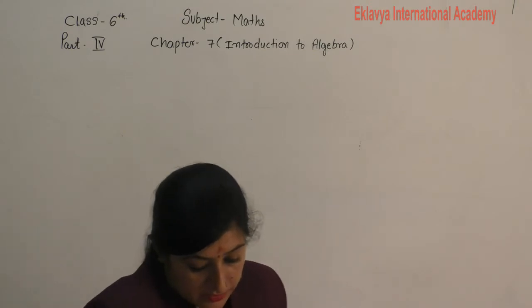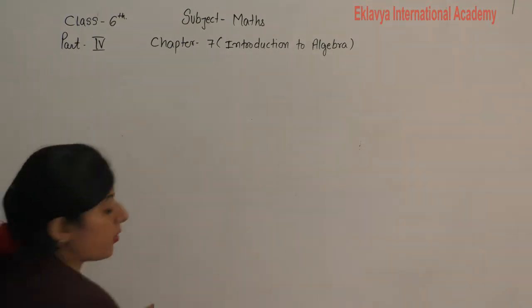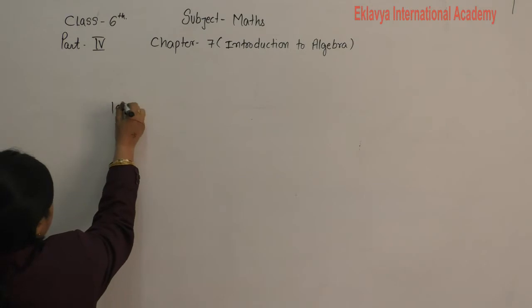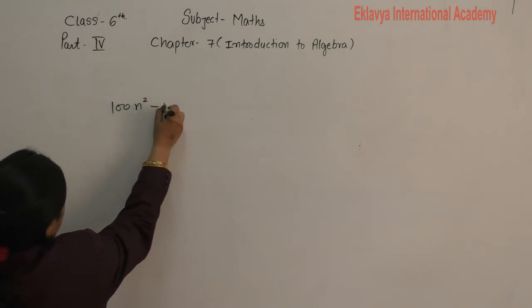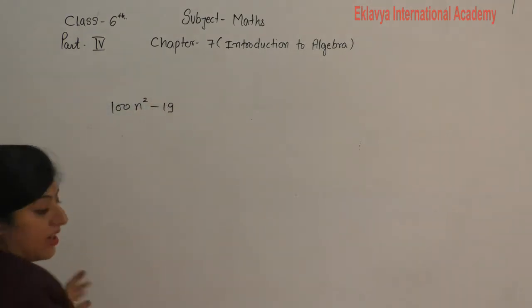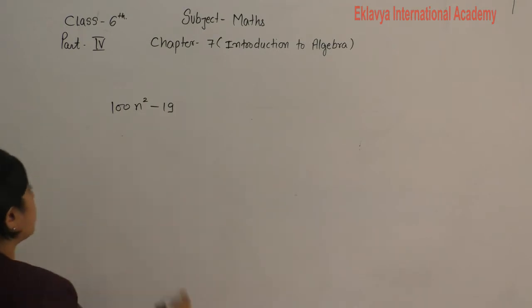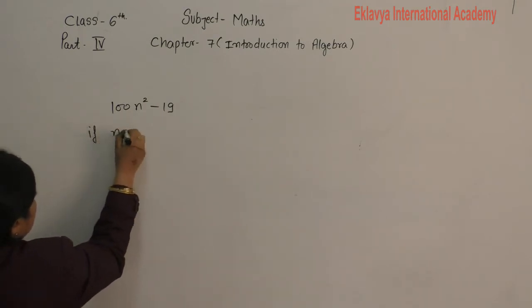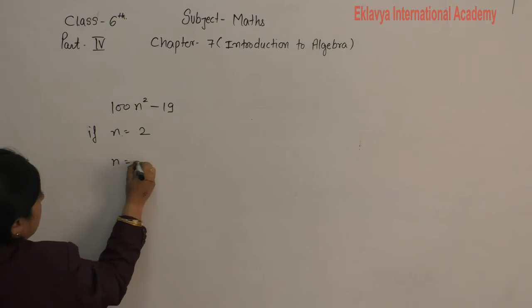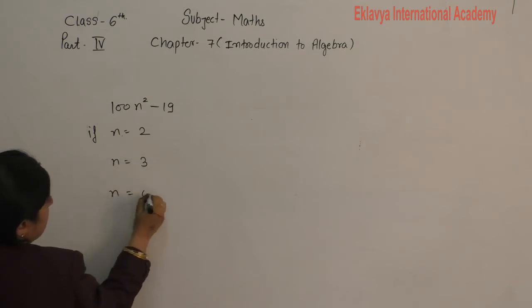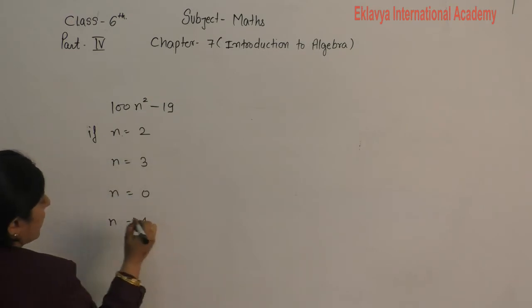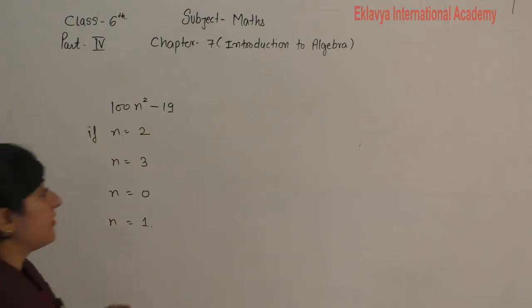One expression given to you: 100n square minus 19. Find the value of this algebraic expression if n is equal to 2, n is equal to 3, n is equal to 0, n is equal to 1. So what will we do?